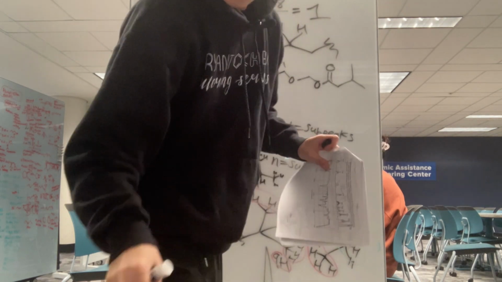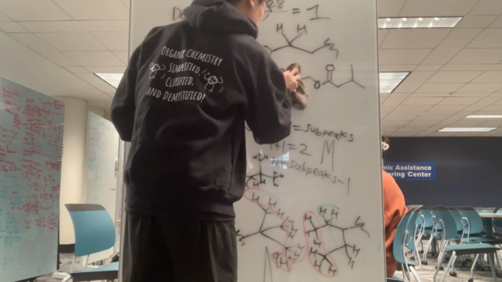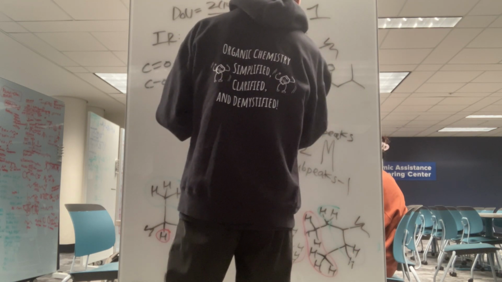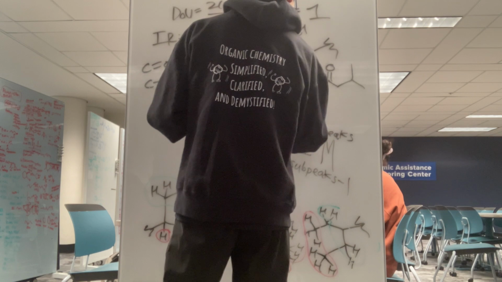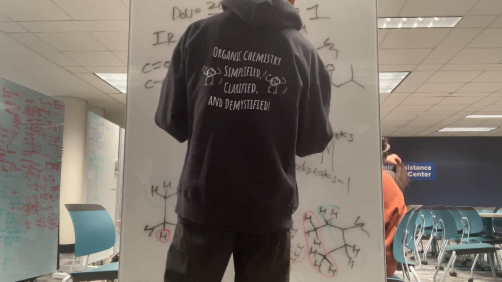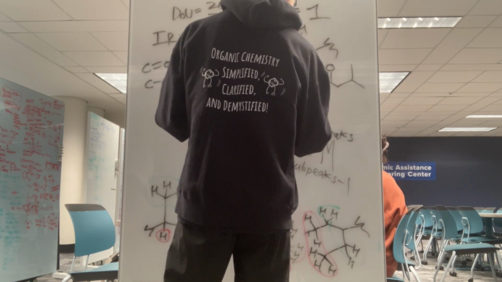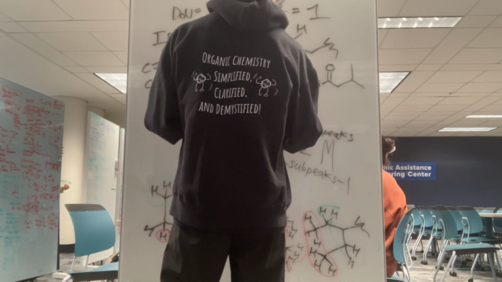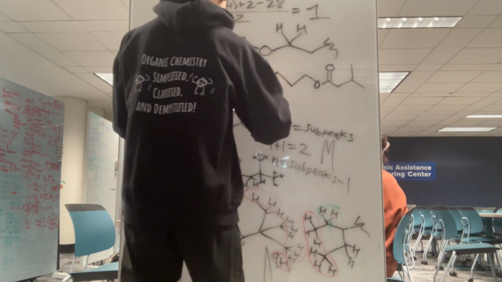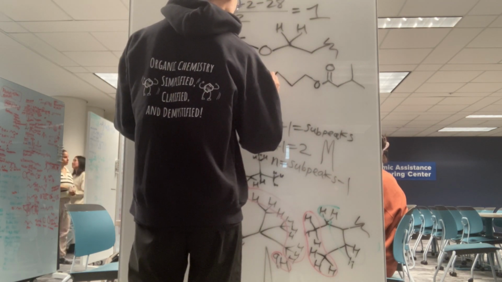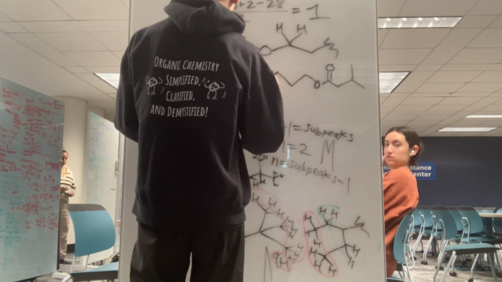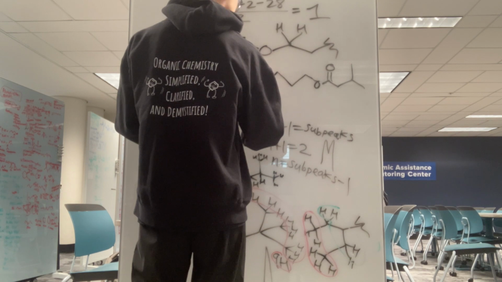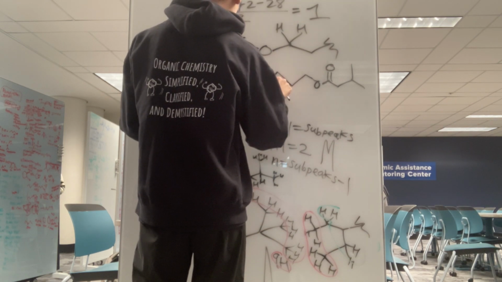I'm gonna erase this whole thing. And then put the 2 hydrogens there with 2 neighbors. These 2 neighbors here are gonna be, and then we're gonna put an OH right here somehow. 2H, 2H.